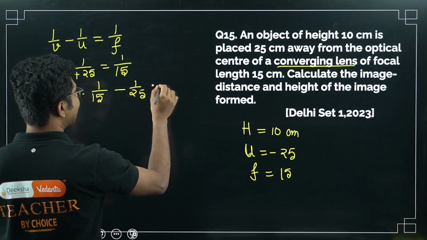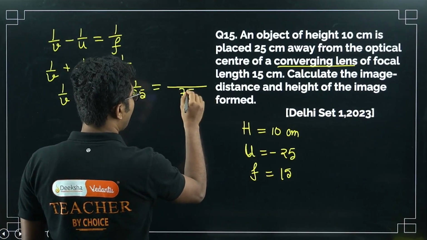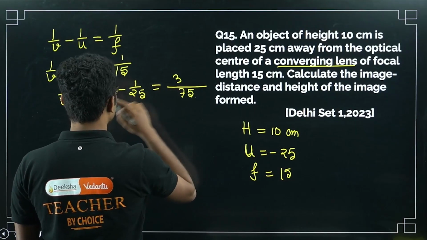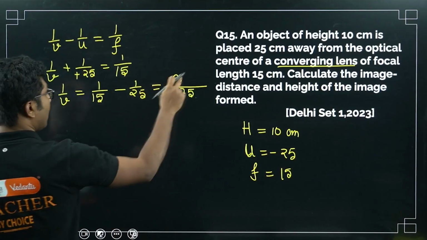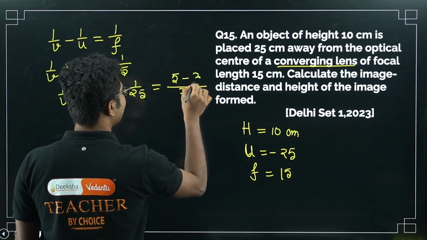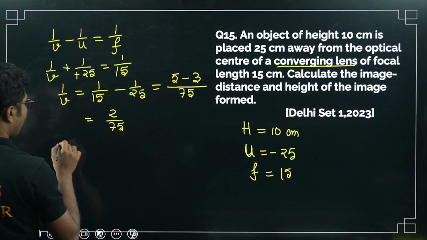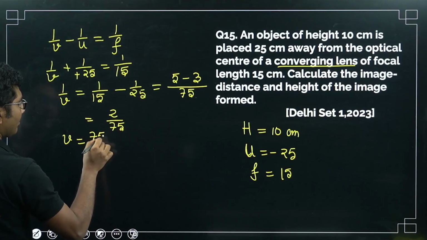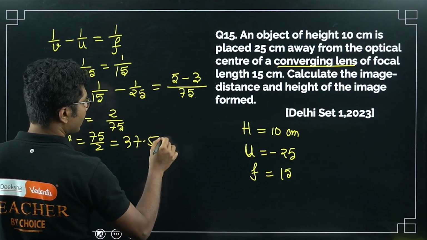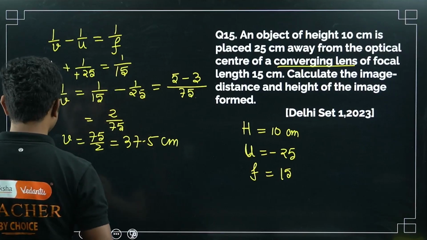Now what is the LCM? 25 and 15 LCM will be 75. 5 15s are 75 and 3 25s are 75. So 5 minus 3, it will be 2 by 75, or v equals 75 by 2, so it will be 37.5 centimeter.